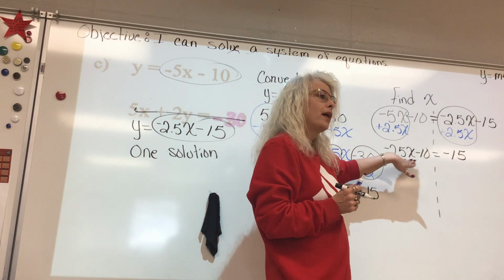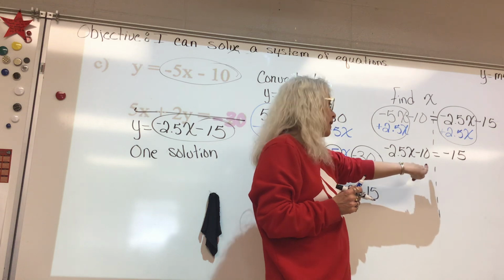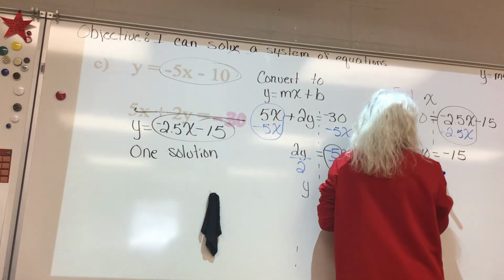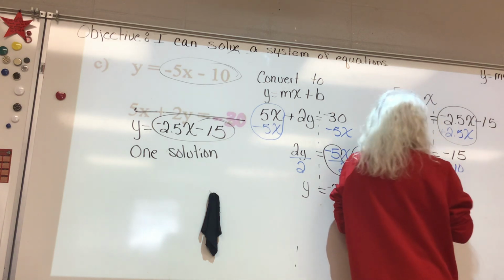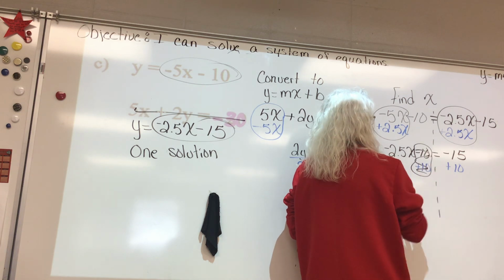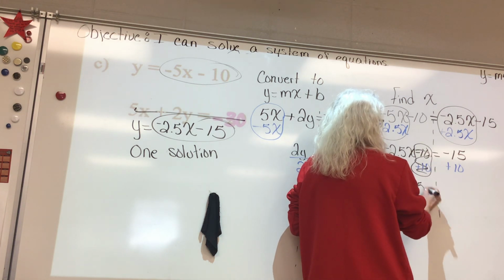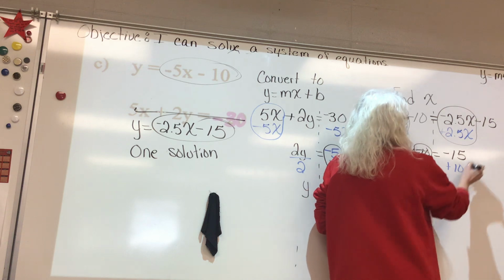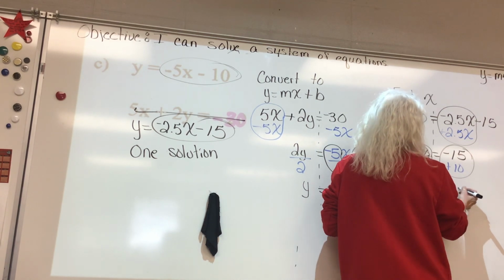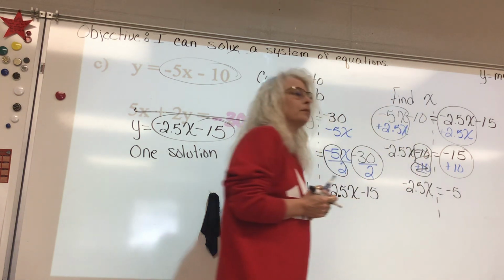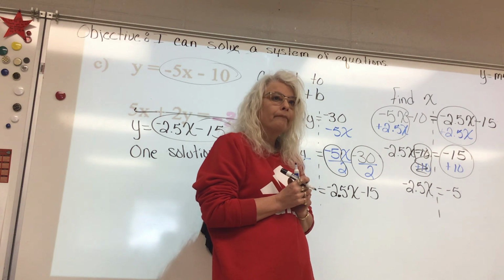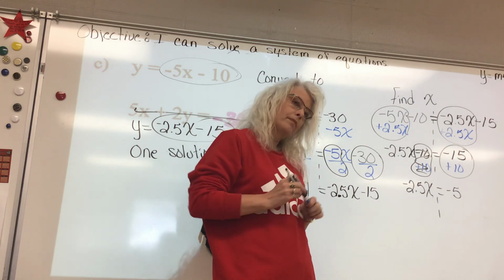Now, since I have a two-step equation, I'm going to get rid of my 10 by doing the opposite. Circle my like terms and combine them.